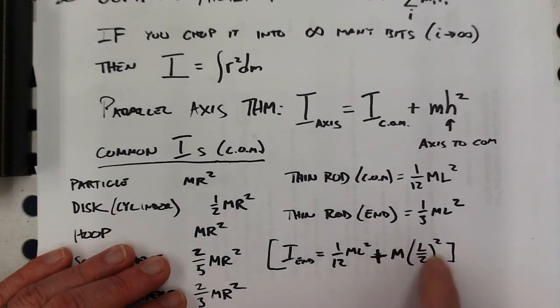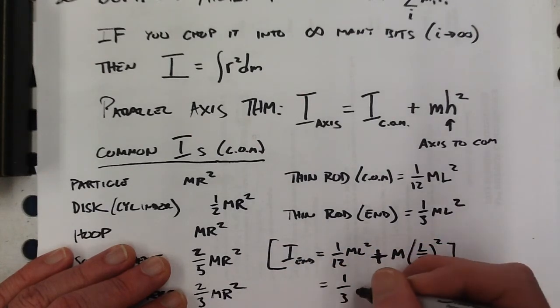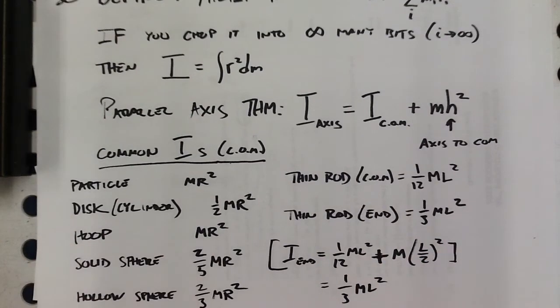Okay, so that's 1/4 ml squared plus 1/12, and 1/4 is 3/12 plus 1/12 is 4/12, which is 1/3. So that's how you do that. That's a thing you're going to have to know how to do. I think that should do it.